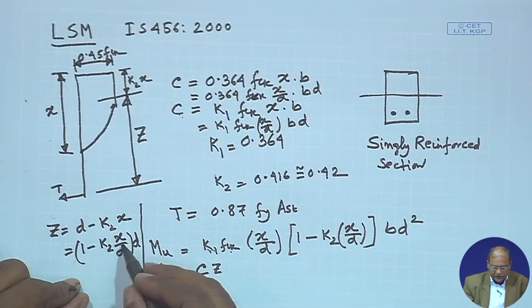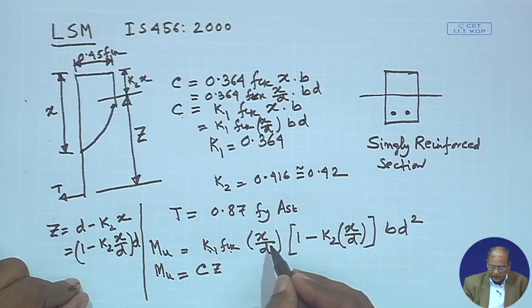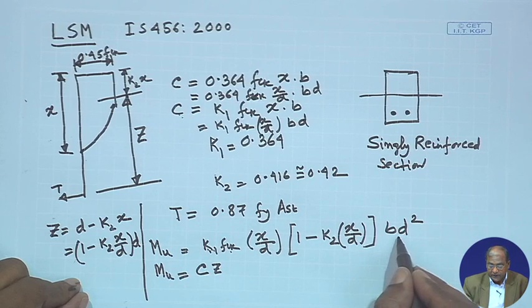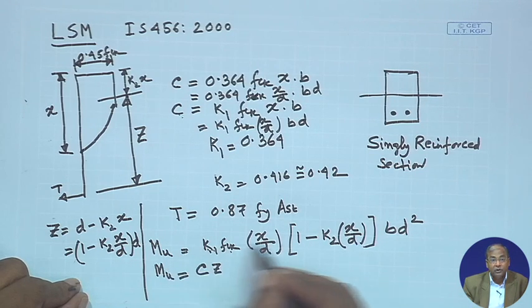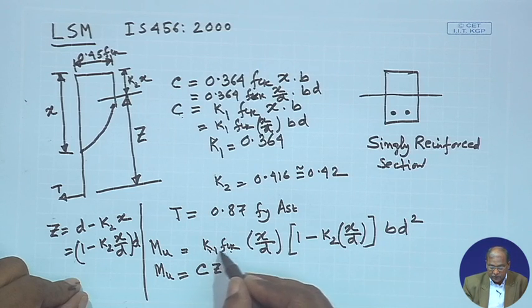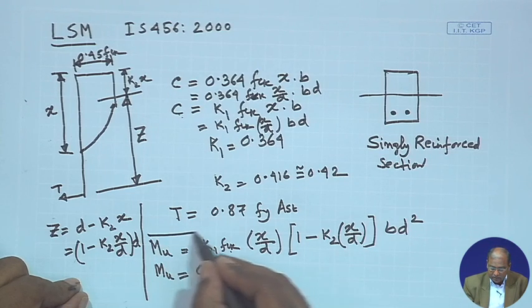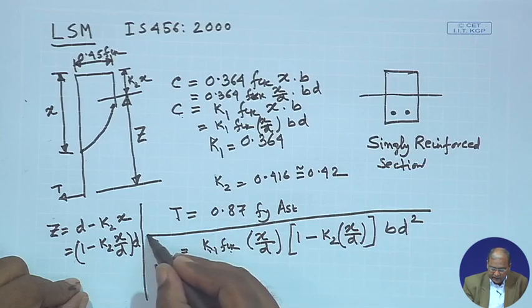So, 1 minus K2 x by d into d, this factor here, from there I am getting one d and from there I am getting another d. That is why it comes to Mu equal to this factor into b d square. So, this is the equation you are getting for Mu.